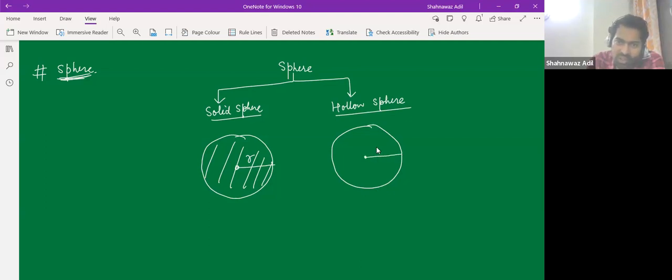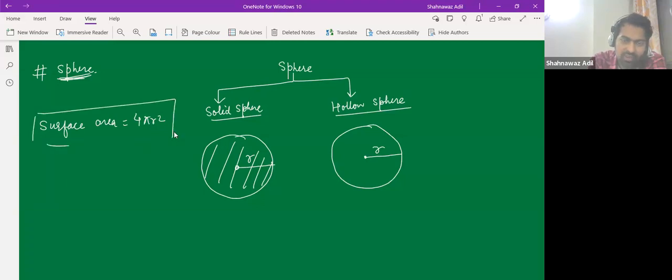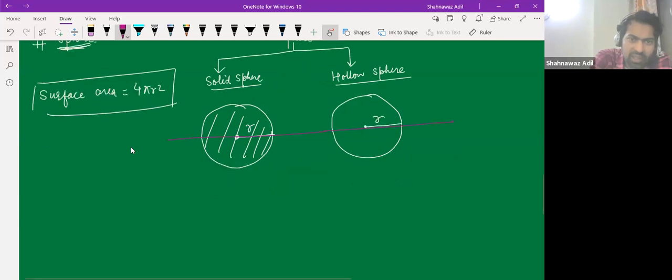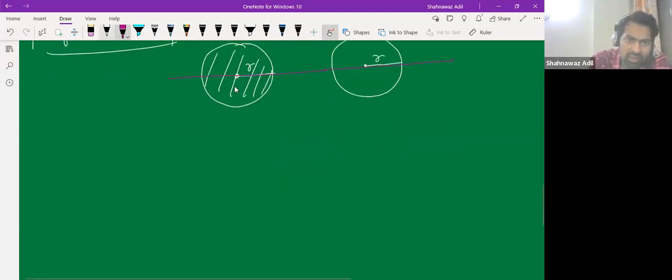So the surface area of the sphere is simply 4 pi r square. That is the surface area of the sphere. Now what we do is cut this sphere into halves. This is one half and this is the other. Then we will get two kinds of shape.